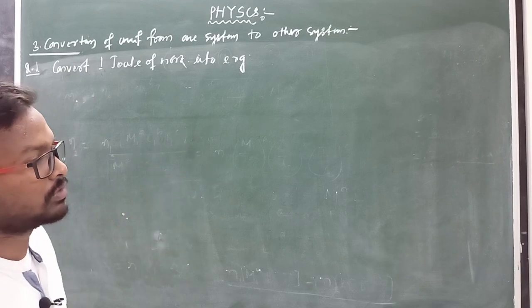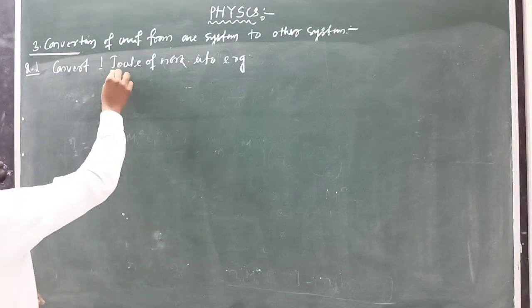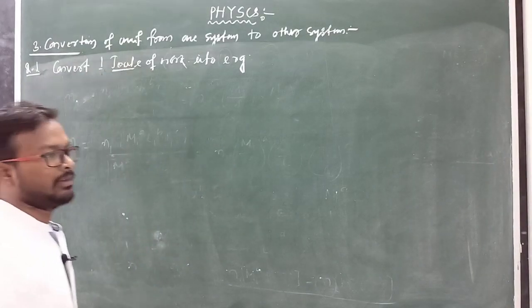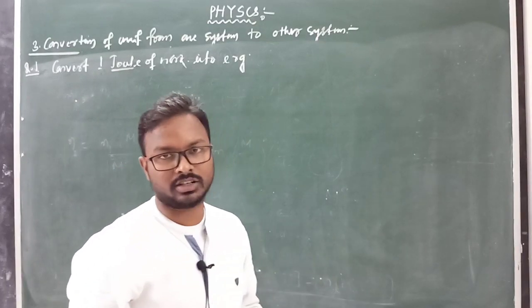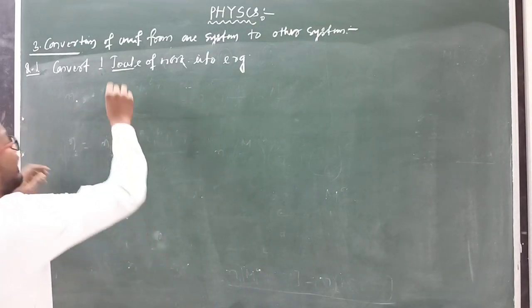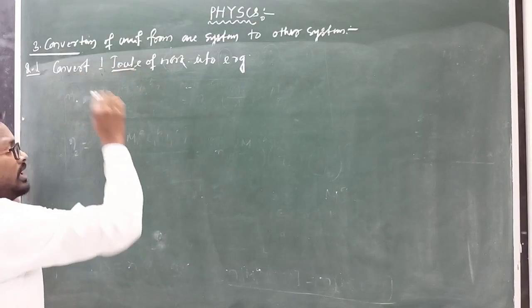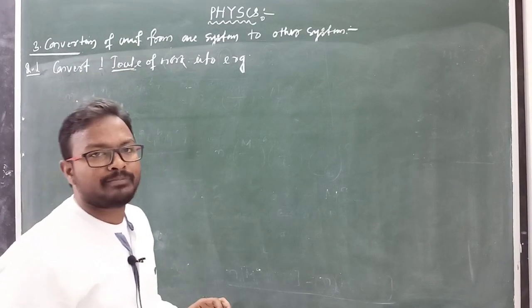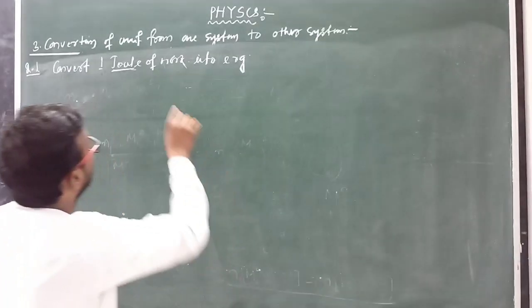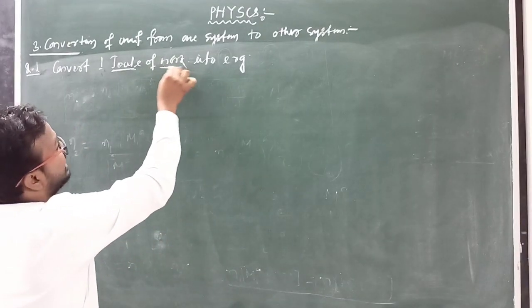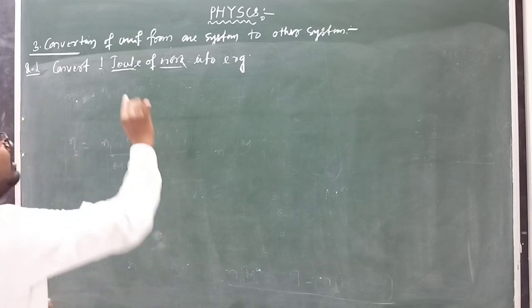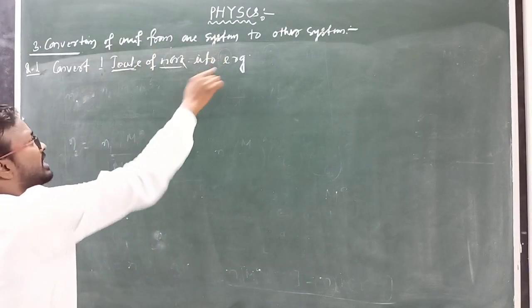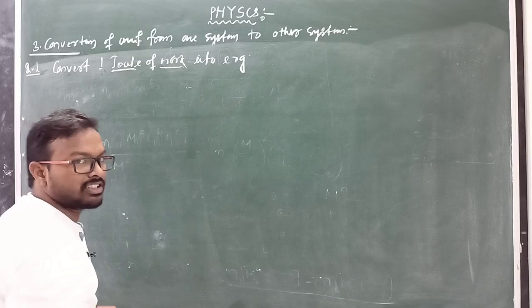So you have to know what a joule is. First we have to find the physical quantity here. Given 1 joule, and joule is the unit of energy, and here also given 1 joule of work.